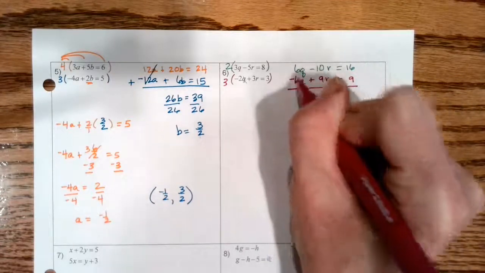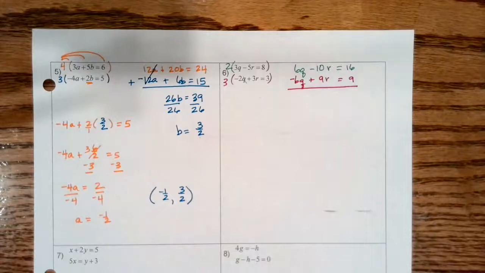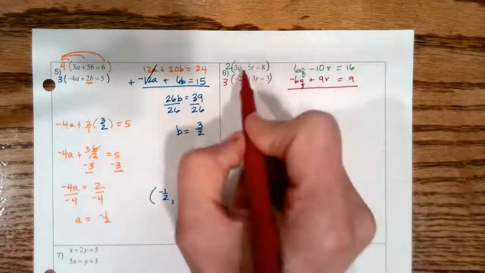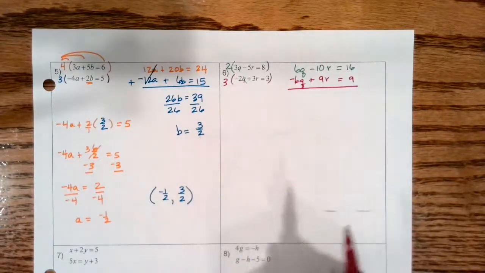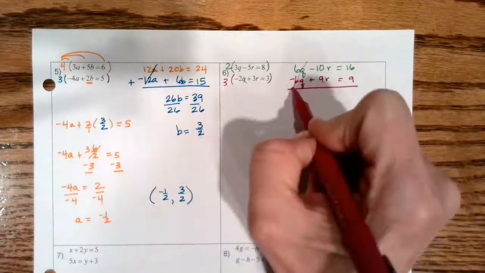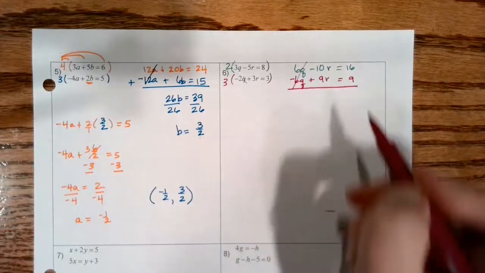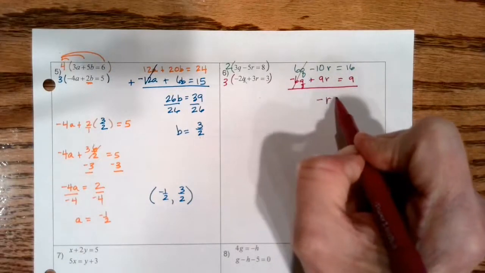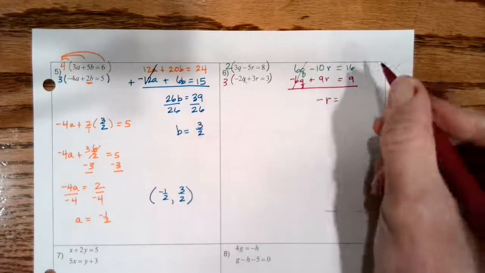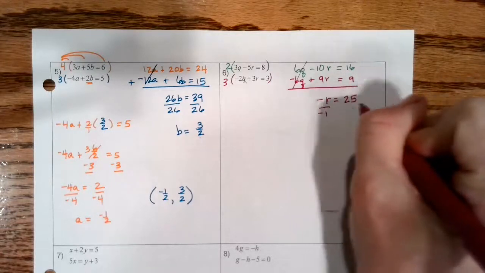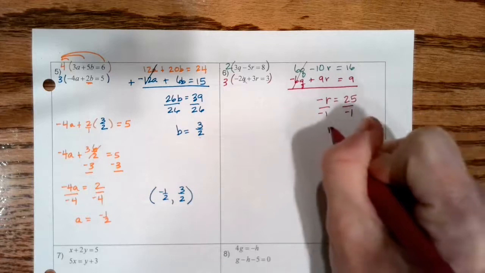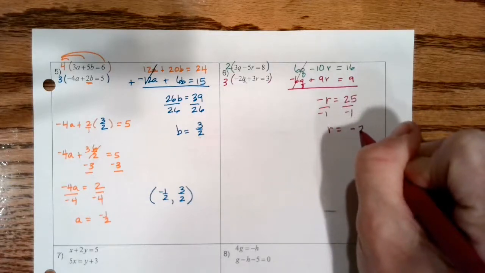Finding this coefficient that's common should feel a little bit like a common denominator. Thinking about what is the smallest number that both of these coefficients go into. When I add, those cancel out. Now all I have is R's in my equation. That's good news. That's what I wanted. Divide by negative 1. My R is equal to negative 25.